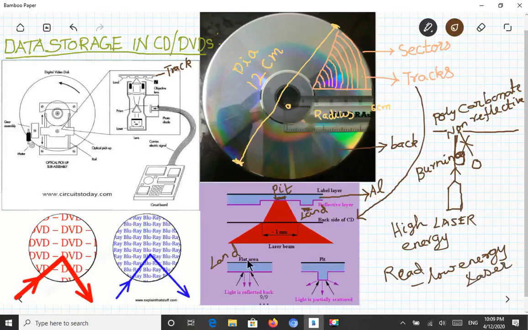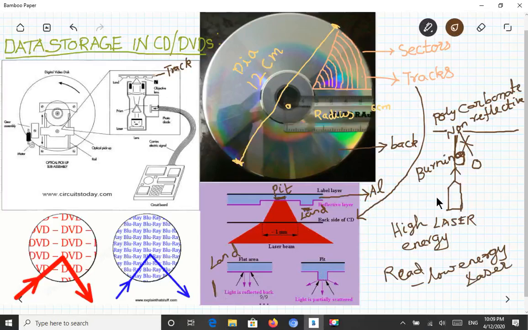This flat area is a land area, which is not affected by the laser, not etched, and not oxidized. When we use the low energy laser, it will hit this layer and be reflected back, so that this data will be considered as 1.